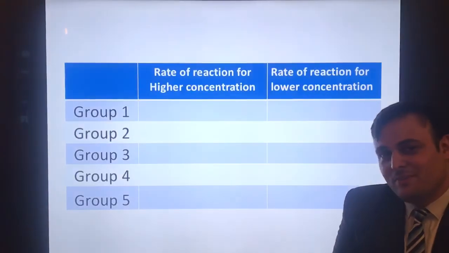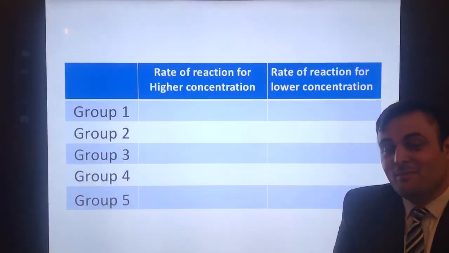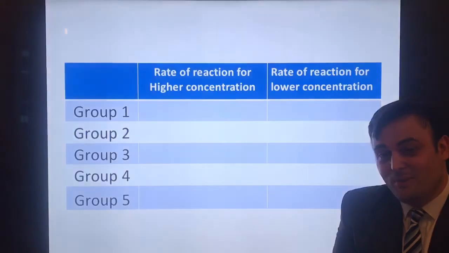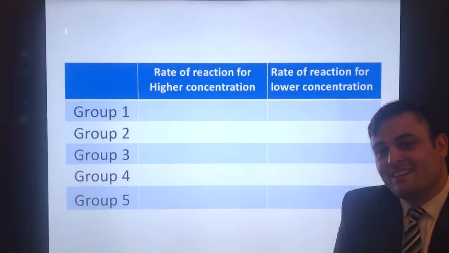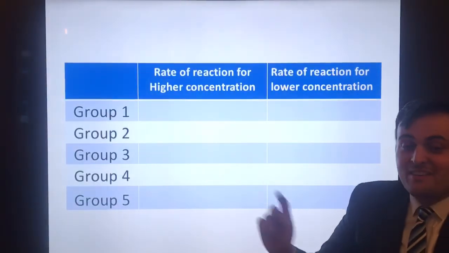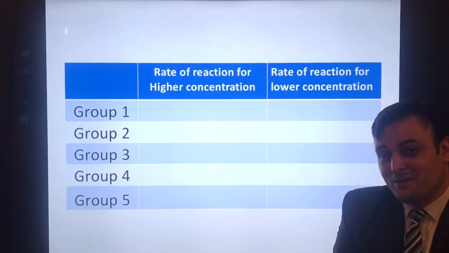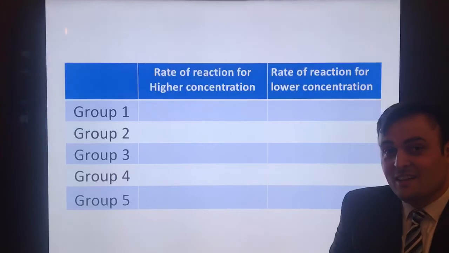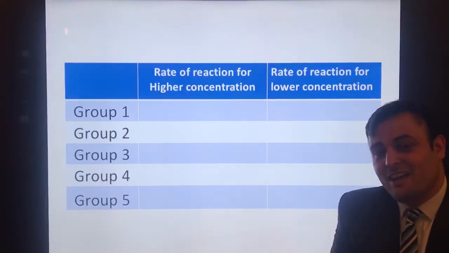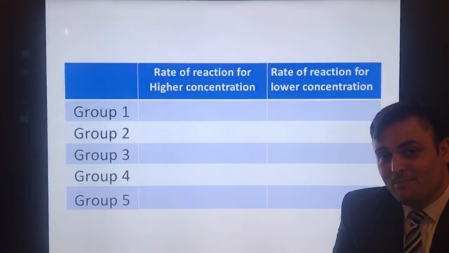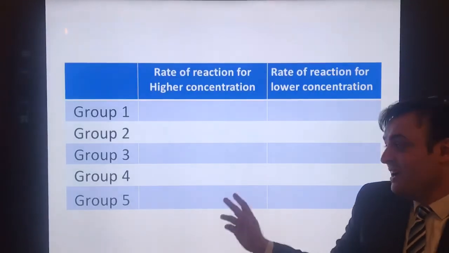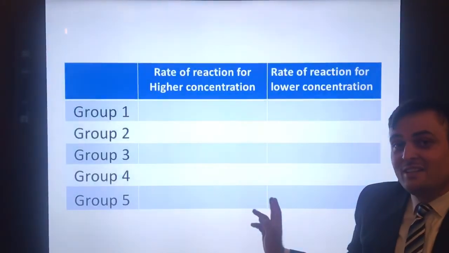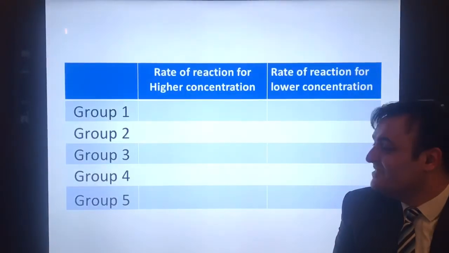The first group that can report the correct answer for both concentrations will get a point, and it can affect their lab report mark. But they are responsible to help the other groups find the correct answer, not by giving them the actual answer, but by helping and advising them to find the best solution.